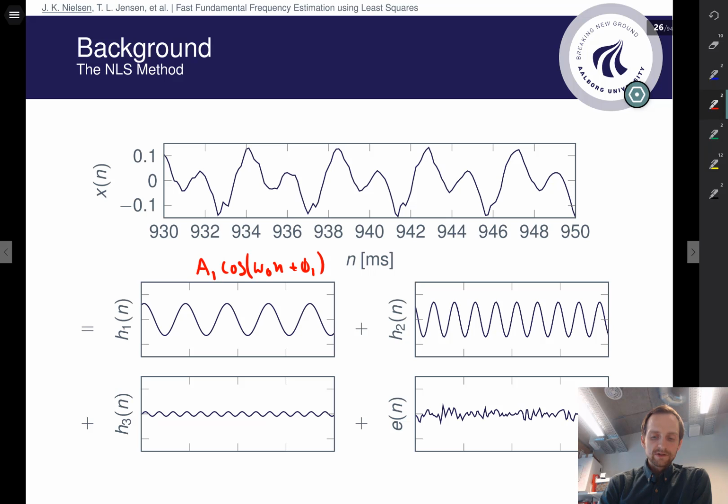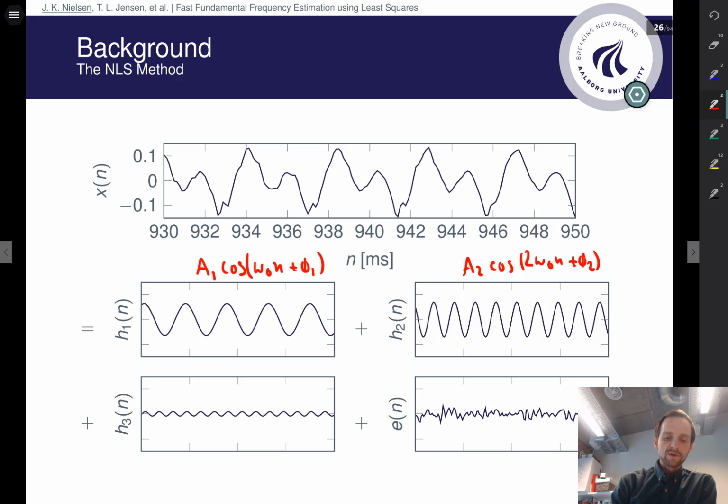The second component is also a simple sinusoid, so we can write that as a2 cosine of 2 omega 0 n plus a phase. We write a 2 here because the relationship between the frequencies is that this one has twice the frequency of the first one. This holds for every periodic signal: all the frequencies of these components are related to the fundamental frequency, omega 0.